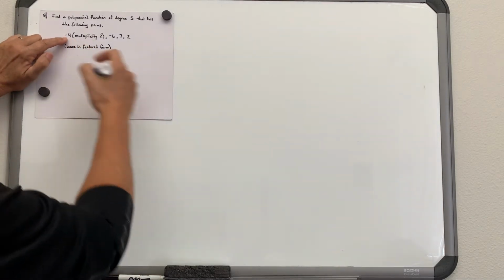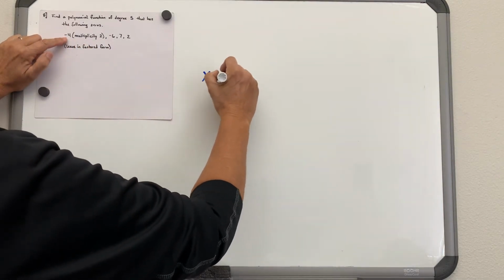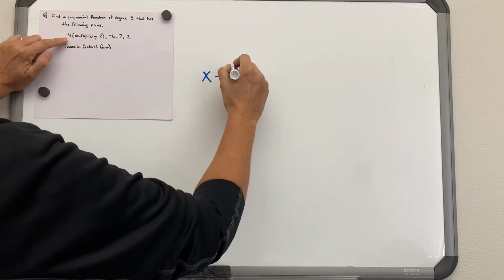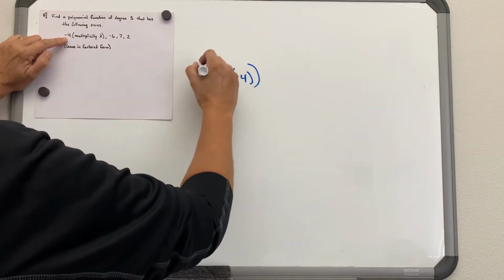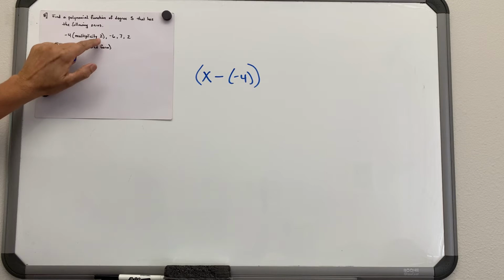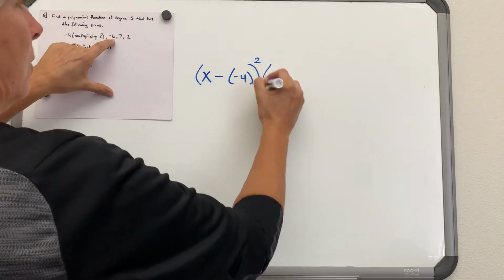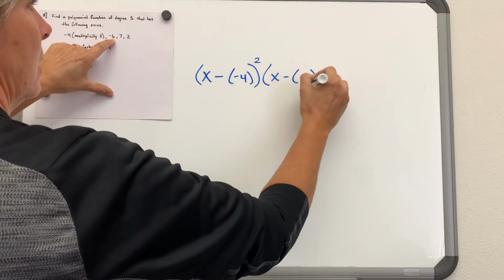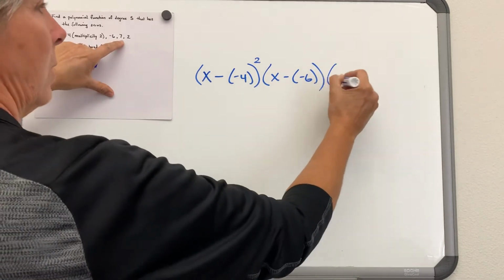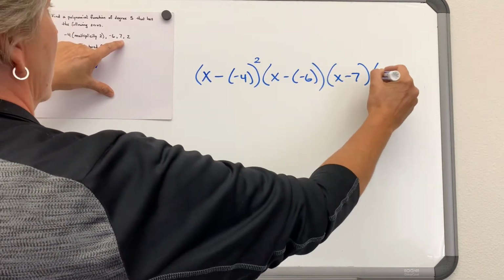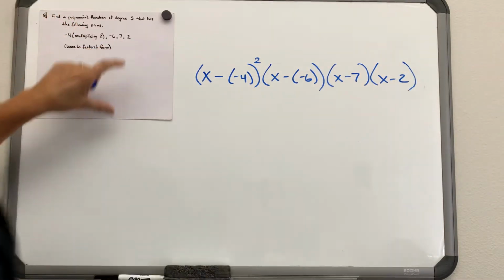Okay, so how would I do this? If these are each zeros, then the way I would write it would be x minus the 0, in this case -4. Multiplicity 2 means that's going to be squared, and then I have an x minus -6, and then I have an x minus 7 and an x minus 2.